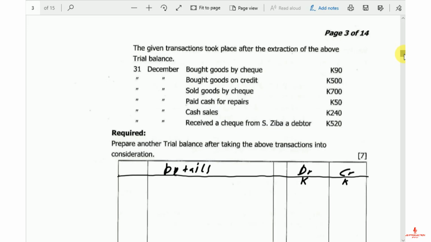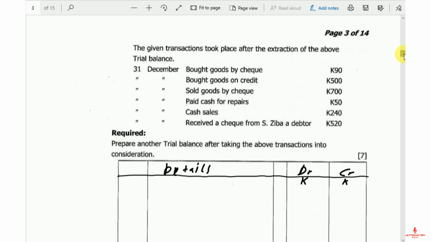The first transaction, we have bought goods by check amounting to 90 kwacha, bought goods on credit amounting to 500 kwacha, sold goods by check amounting to 700 kwacha, paid cash for repairs amounting to 50 kwacha, cash sales amounting to 240 kwacha, received a check from S. Simba, a debtor, amounting to 520 kwacha.